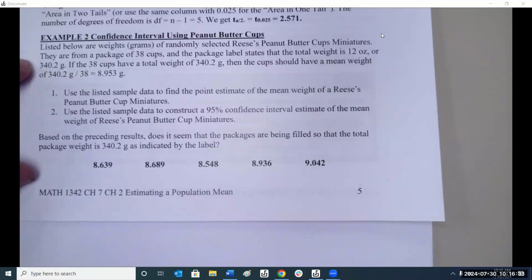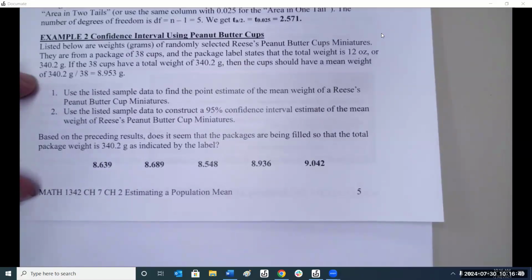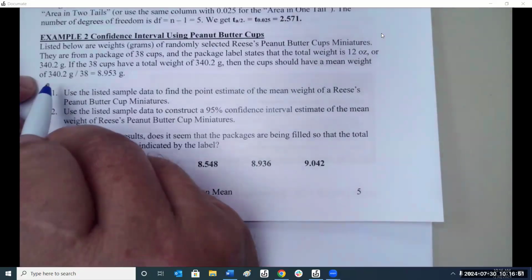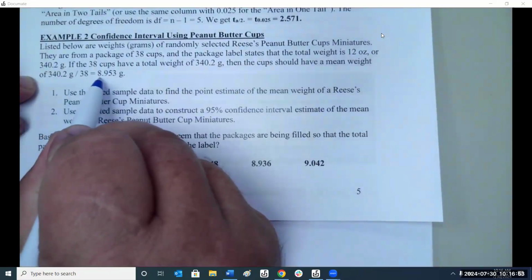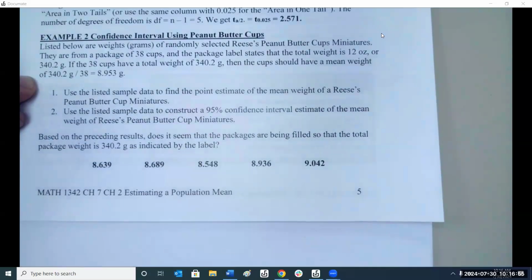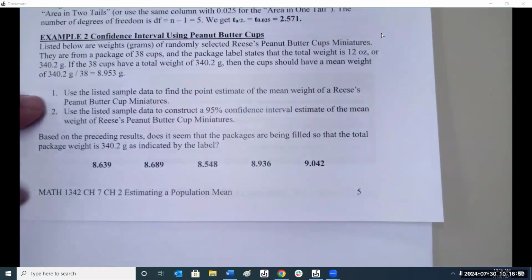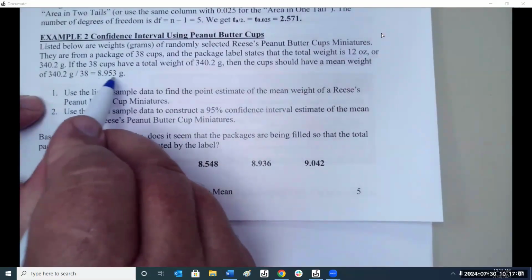They're from a package of 38 cups, and the package label states that the total weight is 12 ounces or 340.2 grams. If the 38 cups have a total weight of 340.2 grams, then the cups should have a mean weight of 340.2 divided by 38, or 8.953 grams per cup. So that's the average weight of each cup.